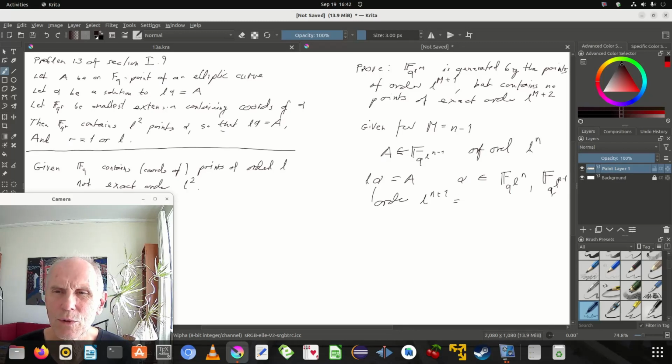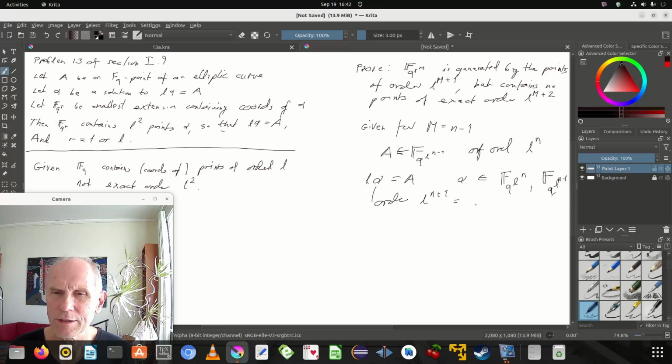So this has order L to nth, so alpha has order L to n plus 1th. And n plus 2 is n plus 1, so it doesn't contain it.